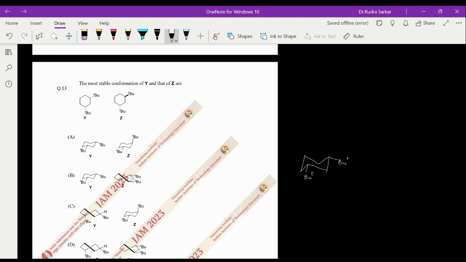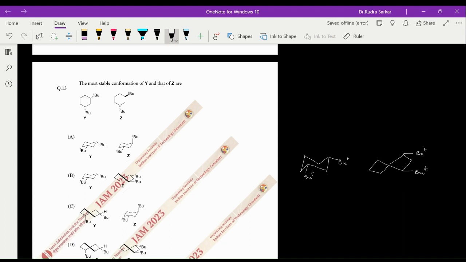So obviously we have to choose between A and B. So for Z, whether option A is correct or option B is correct. So we will say that in the twisted boat, as we can see, both the butyl groups are away from each other and they are avoiding any kind of 1,3 diaxial interaction.